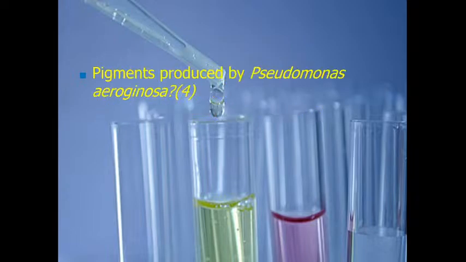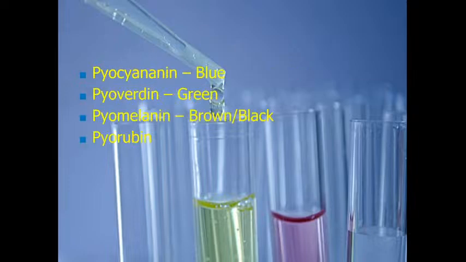Now, we have pigments for Pseudomonas aeruginosa. There are four of them: pyocyanin, pyoverdin, pyomelanin, and pyorubin. Obviously from the names themselves, you can deduce that cyan is blue, verdin or verde is green, and melanin, what's the pigment that brings about the brownish or blackish color of our skin?